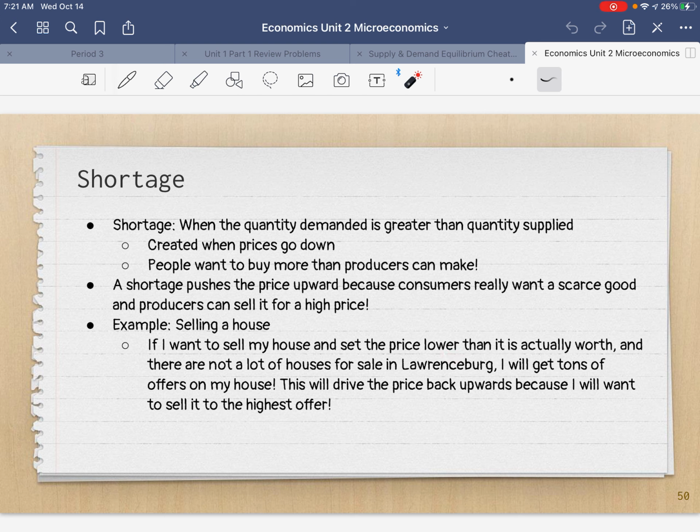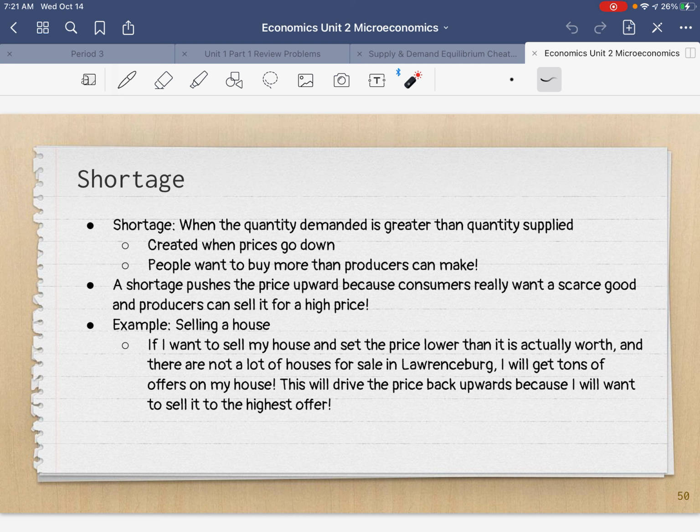And if there's not a lot of houses for sale in Lawrenceburg, then a bunch of people will be like, oh, 140K, that house is worth more. I'm going to go put an offer in on it. And offers will drive the price up because this person will offer 145, this person will offer 147, and eventually it'll go up and up and up because there's a shortage of houses. There were not a lot of houses for sale in Lawrenceburg, okay?